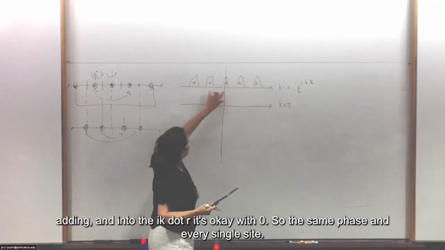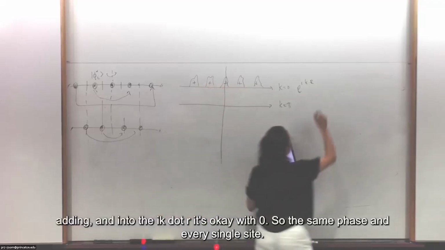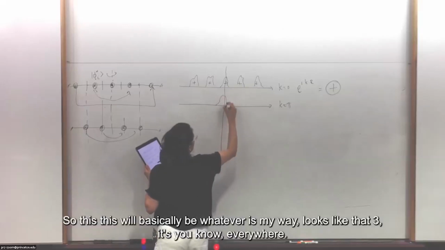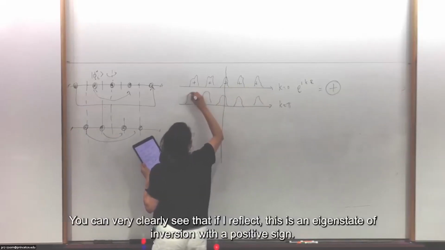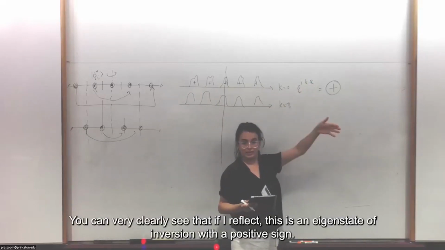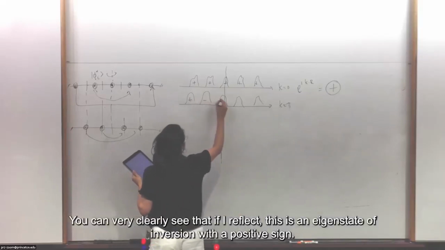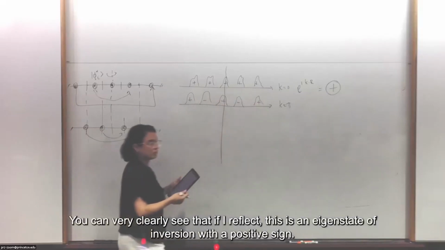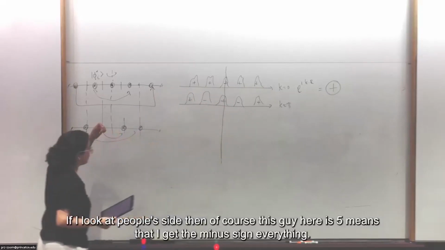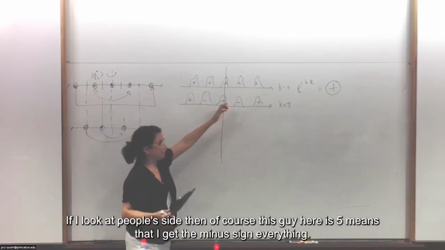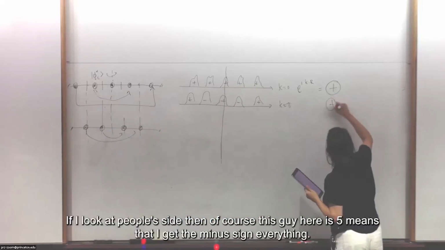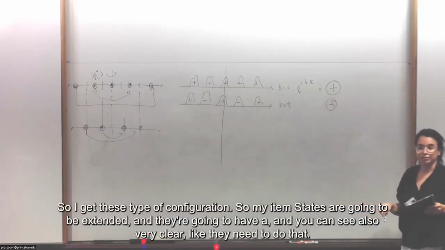You can very clearly see that if I reflect, this is an eigenstate of inversion with a positive sign. If I look at k equals pi, then of course I get the minus sign every time I translate. So I get this type of configuration. My eigenstates are going to be extended, and they're going to have an alternating phase. You can also see very clearly that if you invert that, you get the exact same thing. So this state is also even under inversion.